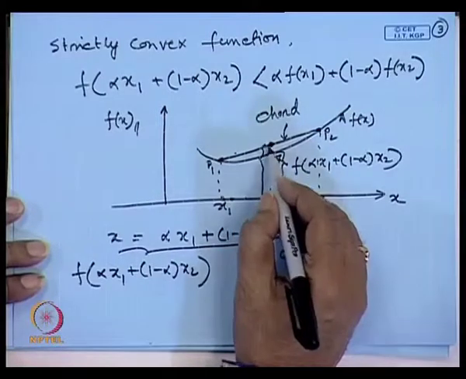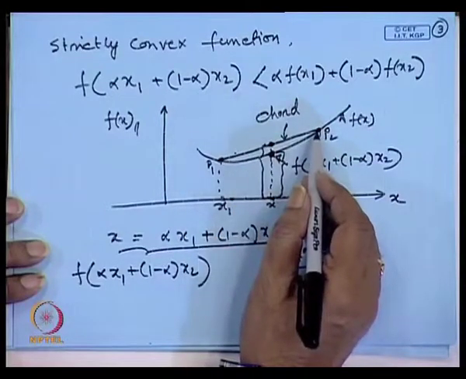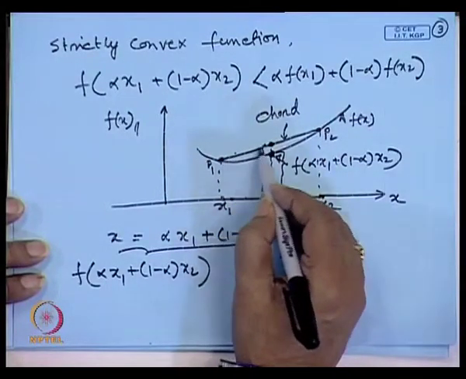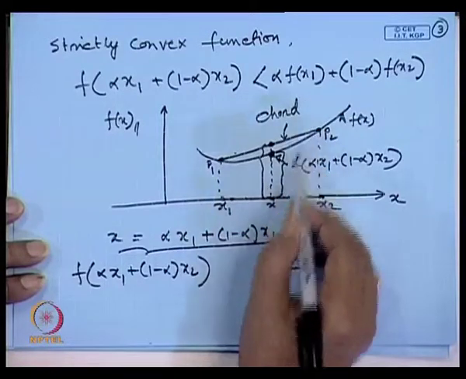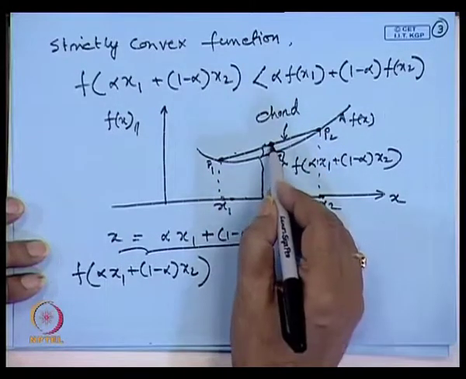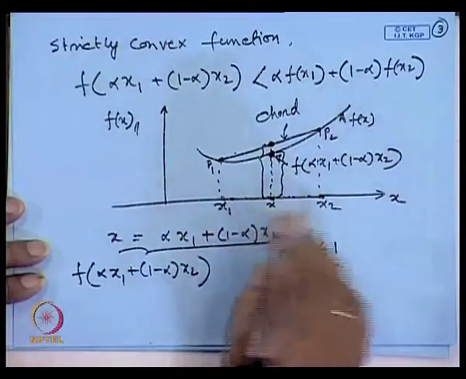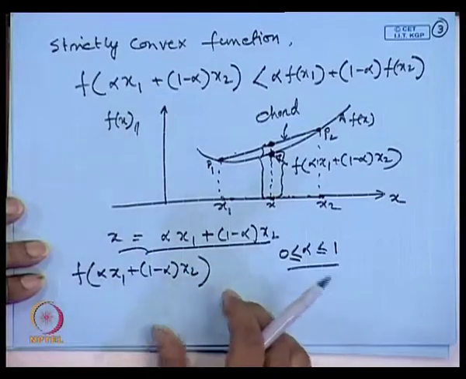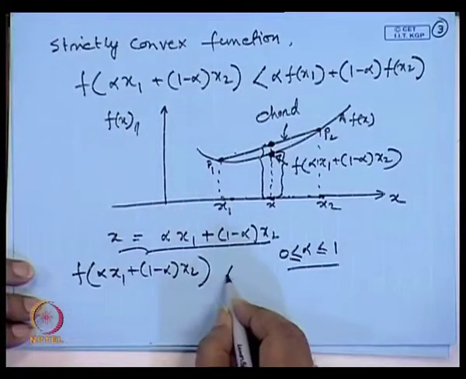That is simple geometrical configuration, one can find out the equation of the straight line. Once you know the equation of the straight line, for any point x you can find out the ordinate of this one, which in turn can be expressed this way: this quantity is less than or equal to.